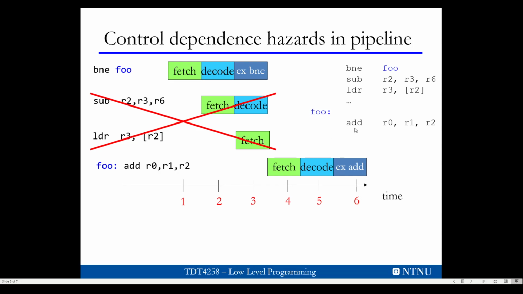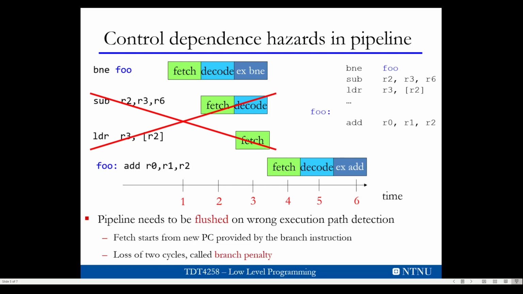Now what has happened here? Because we didn't know whether this branch would be taken or not, we fetched something wrong. Because of that, we have a penalty of 2 clock cycles, because whatever was done in clock cycles 2 and 3 was wrong, and we had to undo that and then start doing things from the correct address.